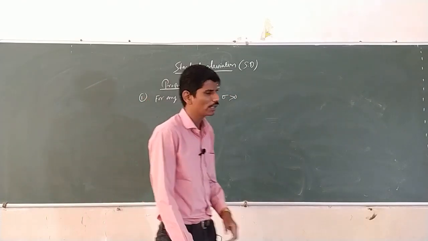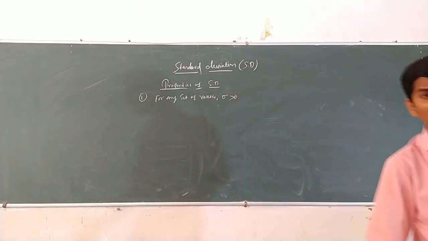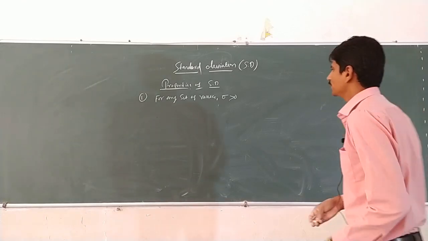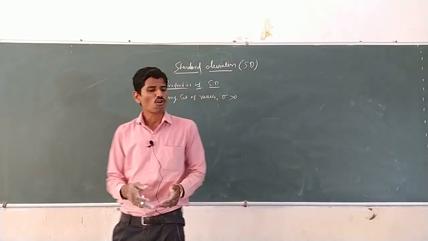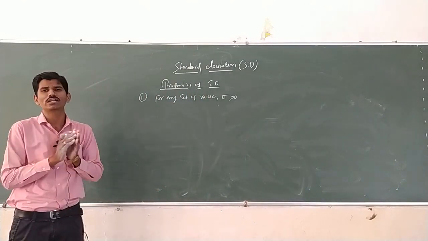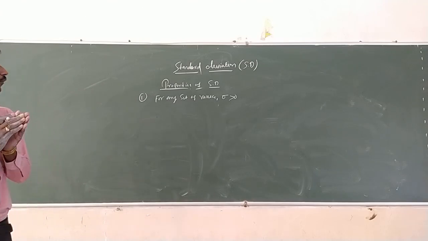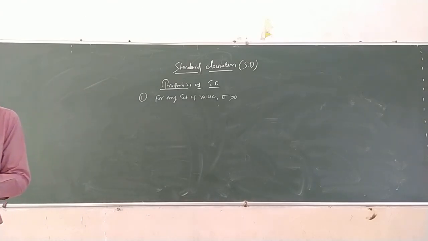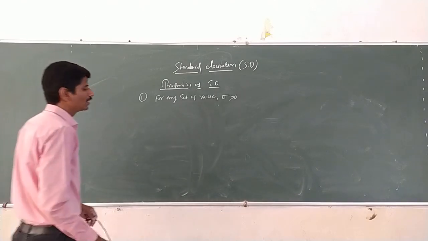This is because it is the positive square root of the mean of the squared deviations. It takes only positive values. Therefore, for any set of values, the sigma value is always greater than 0.